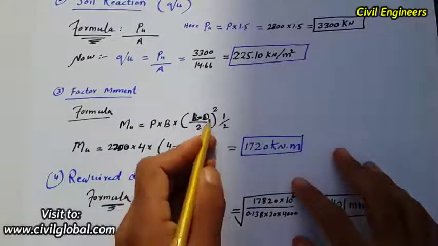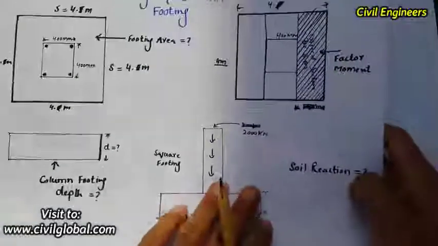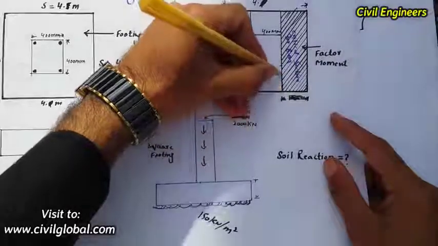And divide by 2. Look at this, I will show you here. This is the factored moment, so for the factored moment we have to find out the one side.